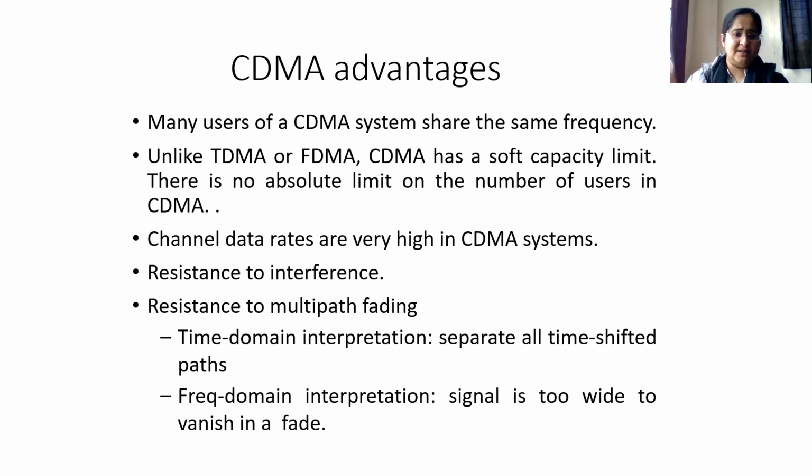Next important advantage is that it is resistant to multipath fading. In the time domain interpretation, it separates all time shifted paths. In the frequency domain interpretation, the signal is too wide to vanish, that is, the coherence bandwidth of our signal is very high compared to the coherence bandwidth of the channel.